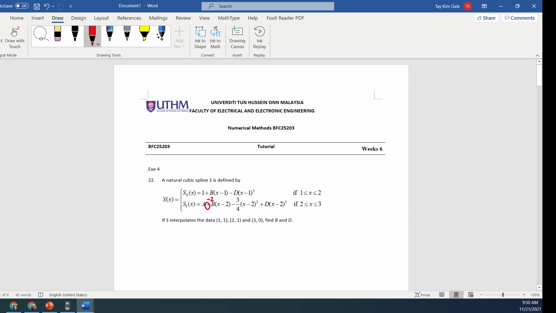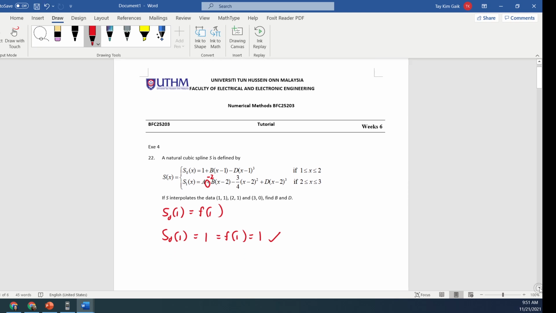We use condition number 2 of the spline function. If we plug in x equal to 1, S0(1) should be equal to F1, which is 1. This satisfies condition number 2.